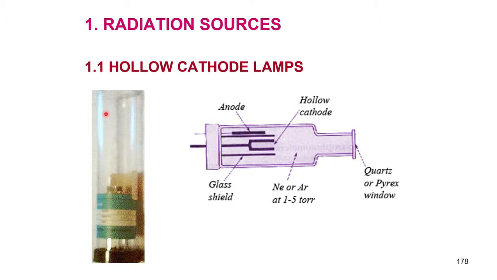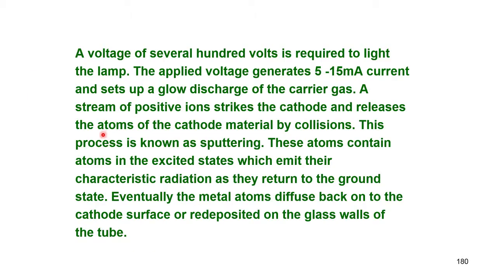You see the green color in this hollow cathode lamp. Now, this glow discharge makes a lot of electrons available for the cathode.